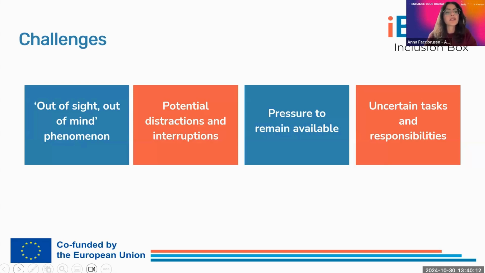Then we also have potential career stagnation due to the out-of-sight, out-of-mind phenomenon that could happen when you are not in person in the office. Still, there is increased interference between work and home life.